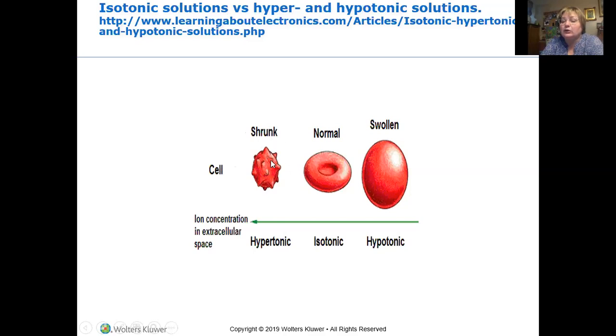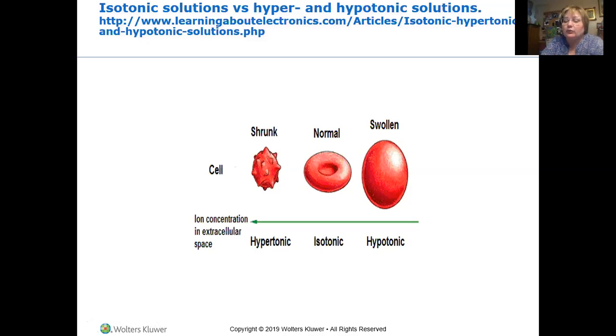So some of the fluid inside my cell is going to leave the cell to try to dilute the salt on the outside. So it's going to cause, to a degree, some of the cells to shrink. What's important here is that it can really impact the brain, causing the cells of the brain to shrink. And then that can end up causing mental issues and mental confusion.